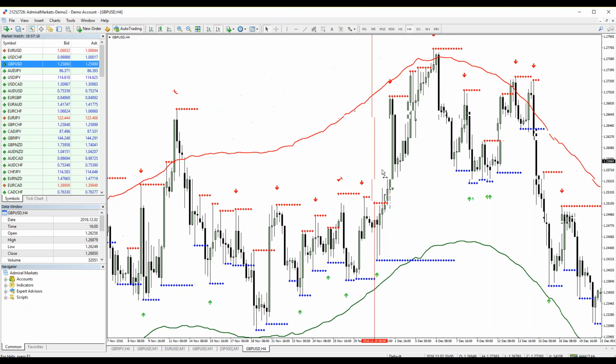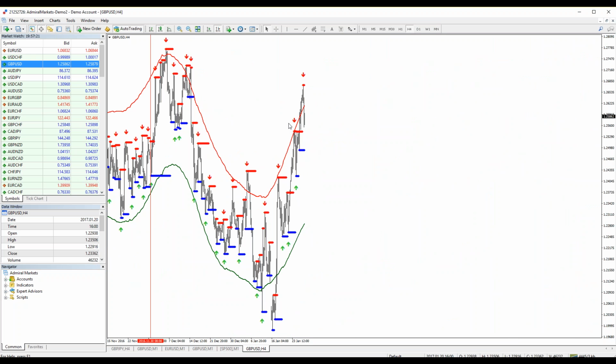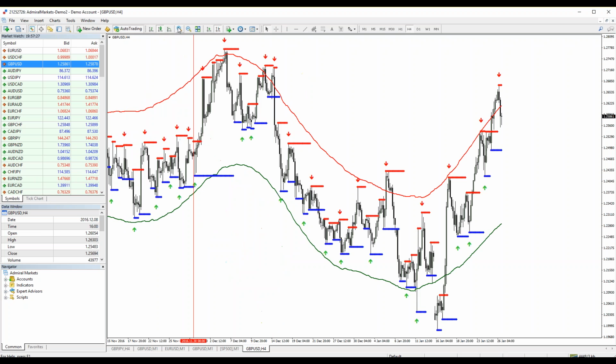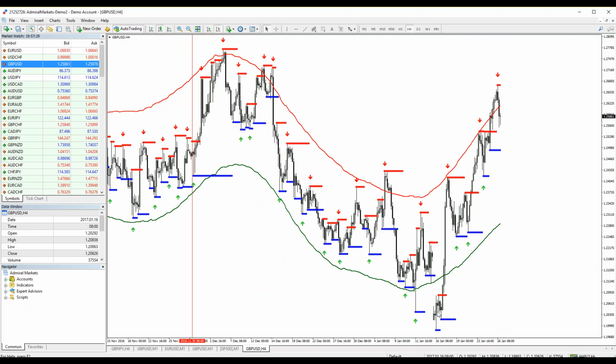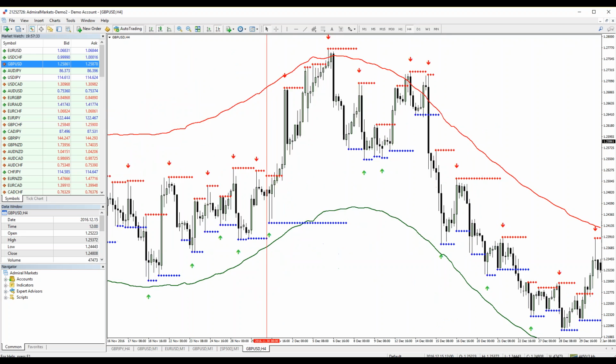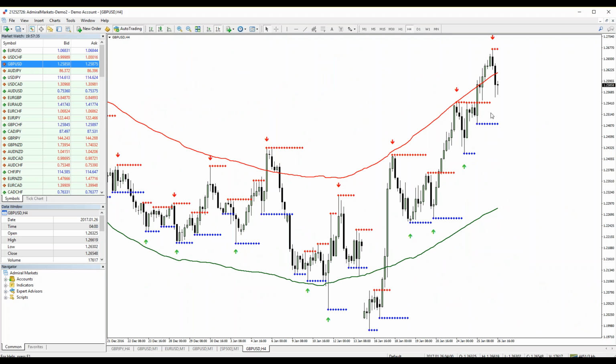For example, pound-dollar. You see today, pound-dollar is obviously in an uptrend, not just today but for a couple of days, a week. From the 16th of January, it started an uptrend. So when would we buy pound-dollar based on the rules? The best entry would be if the price went here.